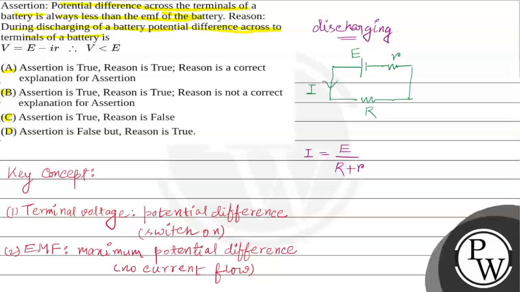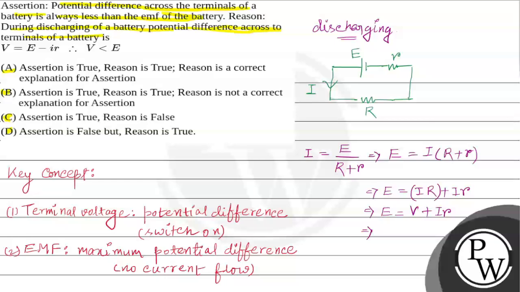Forming the series combination. So in the next line we can write that E equals I into capital R plus small r. The next line again we write I into capital R plus I into small r. I into capital R is the potential drop across the load resistance, which is represented by V. So V plus Ir.